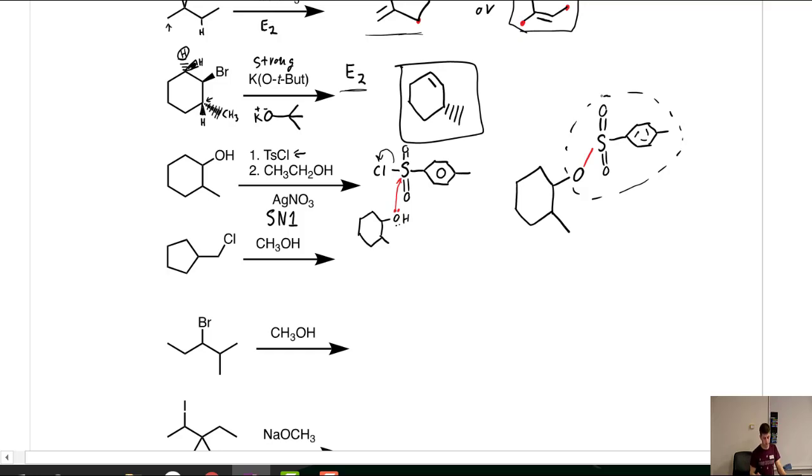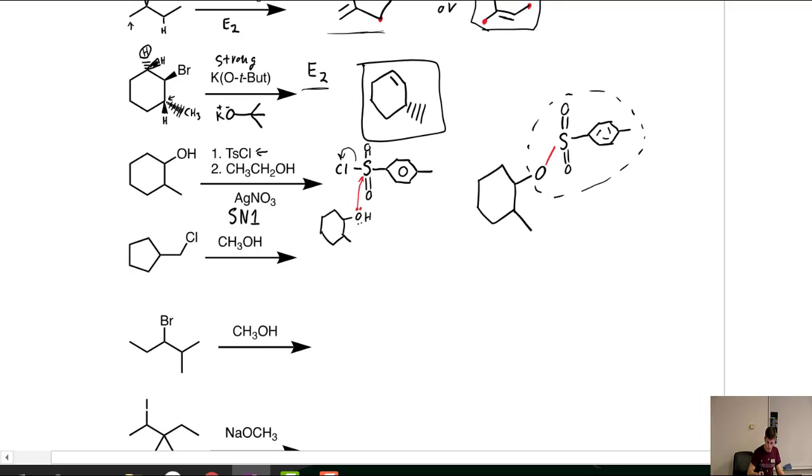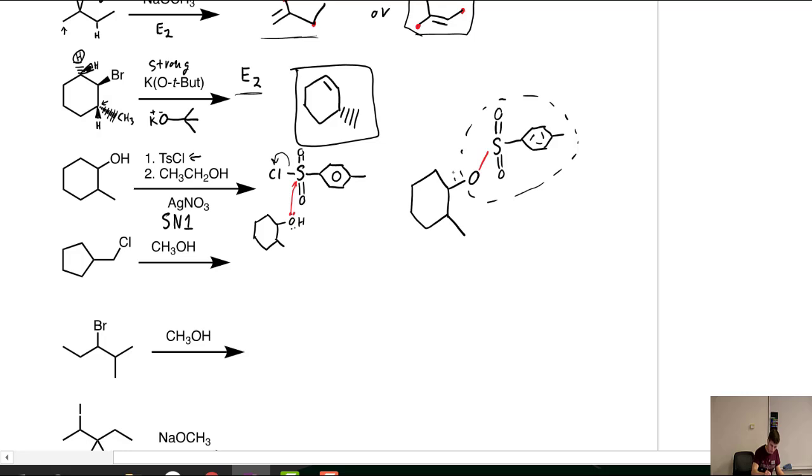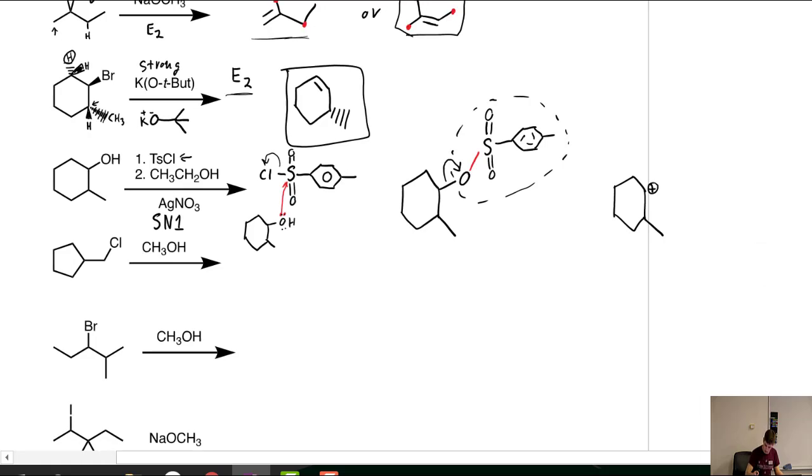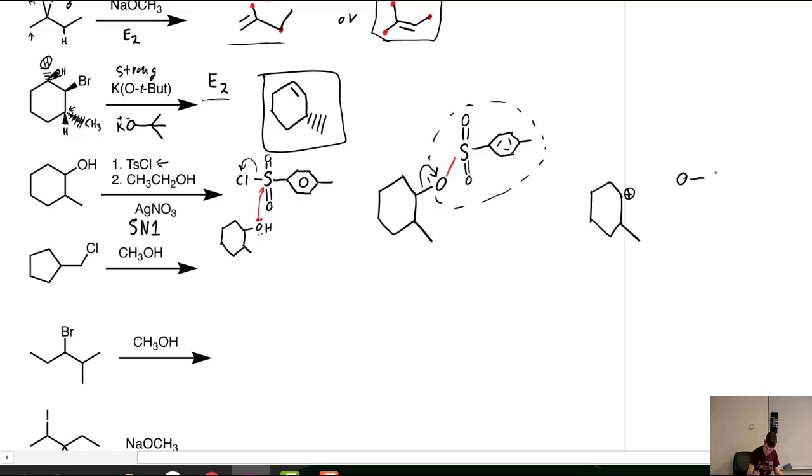Because it's extensively resonance stabilized. So this bond's going to break and it's going to leave, and we're going to form our secondary carbocation here. This is just so we can see why it's such a good leaving group.